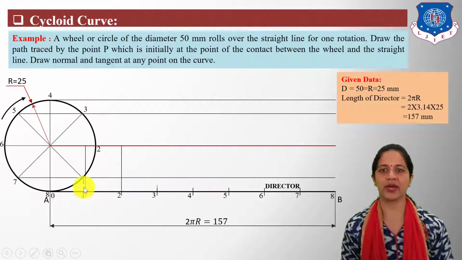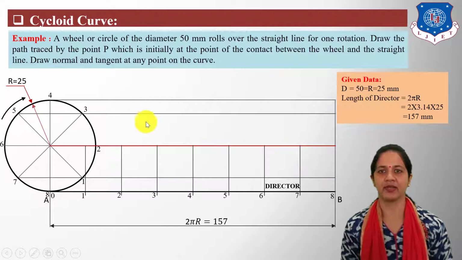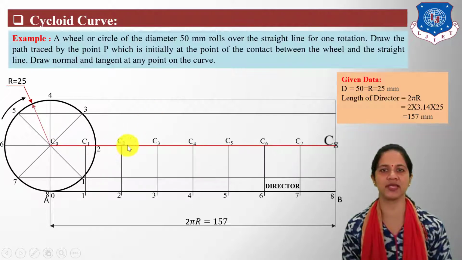Next draw perpendicular line from director division points up to this center line and mark here center points as C0, C1, C2, C3, C4, C5, C6, C7 and C8.